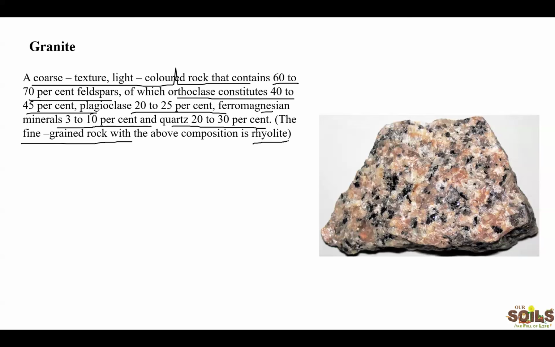This is another igneous rock comparable to granite with the same combination, but the only difference is that granite has a coarse texture and rhyolite is a fine textured rock.